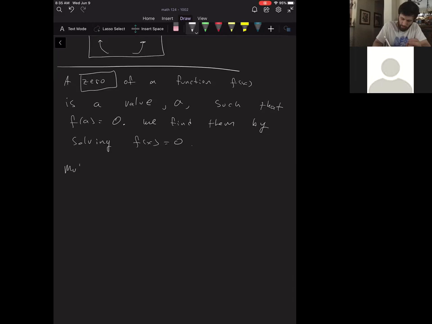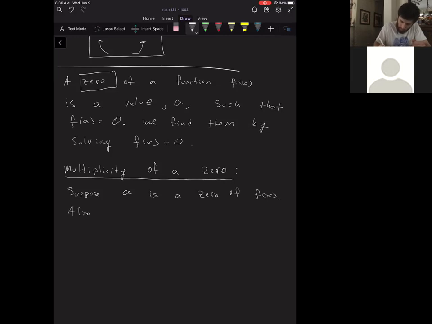So the multiplicity of a zero: suppose a is a zero of f of x.